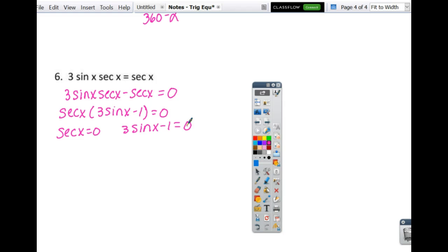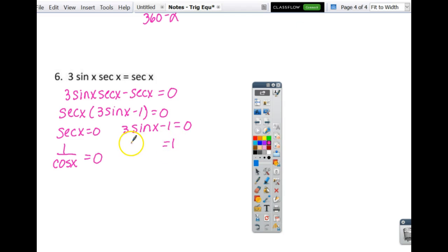So what does the secant equal? Why? Is that ever going to happen? It can't happen, so this one doesn't exist. This one's going to be undefined. But this one does exist.